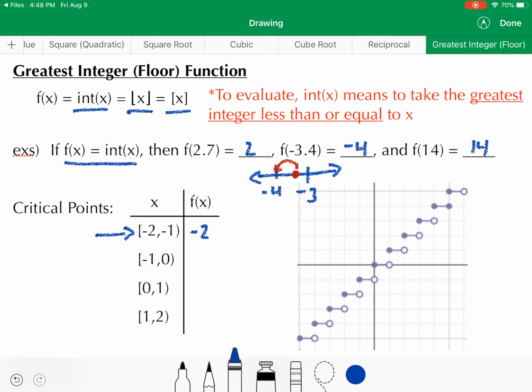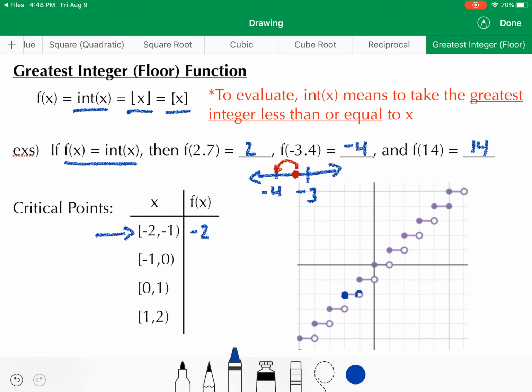How does that correspond to the graph? Well, the left value of that interval is -2, matching up with a y value of -2. That's going to lead me to this point that you see depicted on the graph. The other end of the interval is -1, and it matches up with -2. But do you notice how -1 has got a parenthesis on it? That means it's not actually included in the interval.